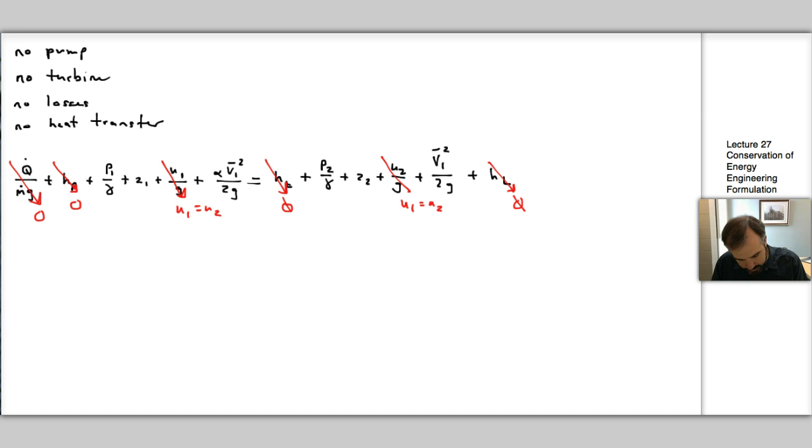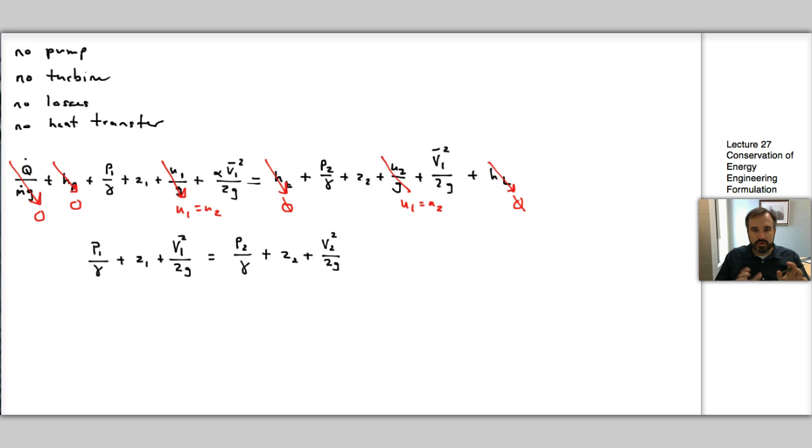So now that we've gotten rid of our terms, we say P1 over gamma plus Z1 plus V1 squared over 2G is equal to P2 over gamma plus Z2 plus V2 squared over 2G.